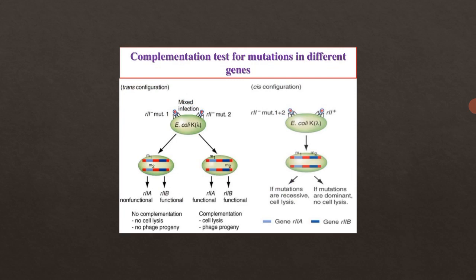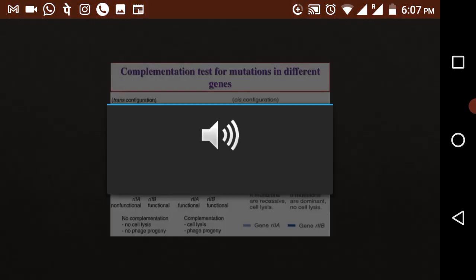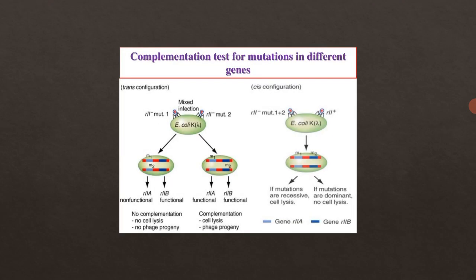So you can see here the cis configuration, in which two mutations are present in the same gene. If mutations are recessive, then the cell will lyse, and if mutations are dominant, then no cell will lyse. All right, this is about the trans configuration and cis configuration.